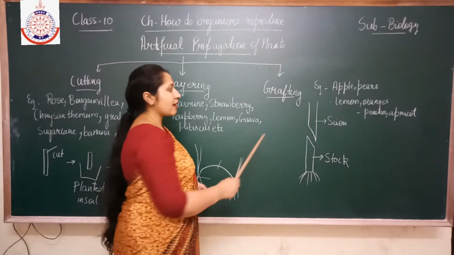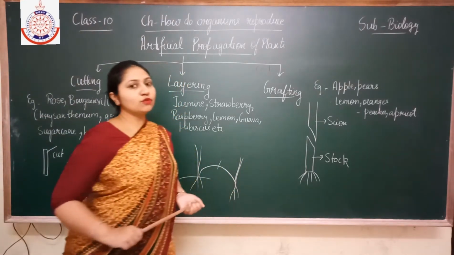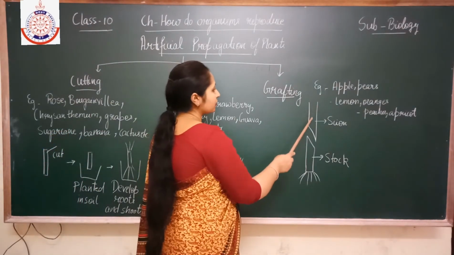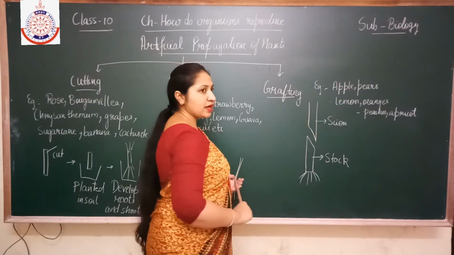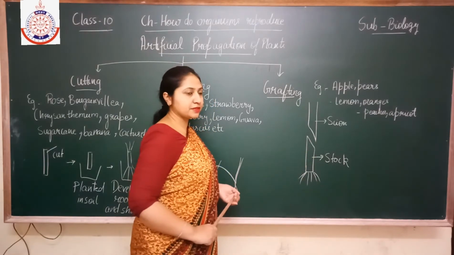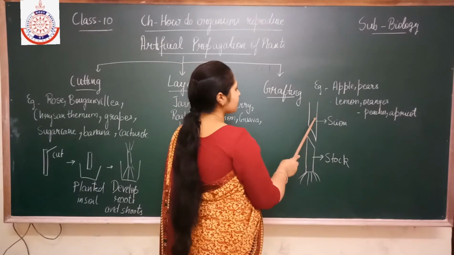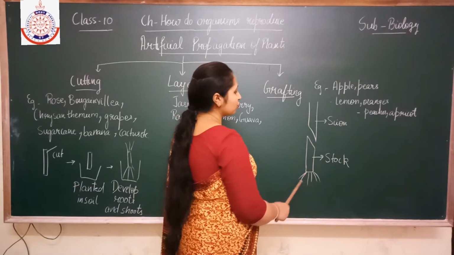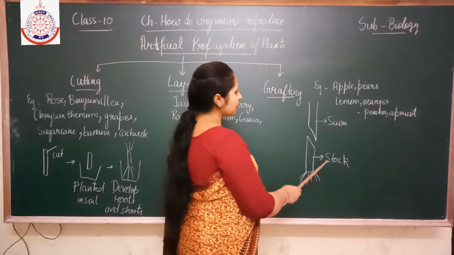Now next is grafting. In case of grafting, what we usually do is take one stem portion from one plant and a second stem portion from another plant. This portion is known as the scion, and this portion having the roots is known as the stock.